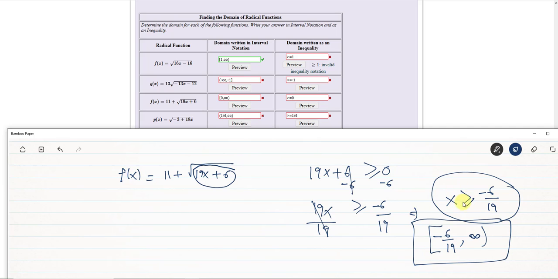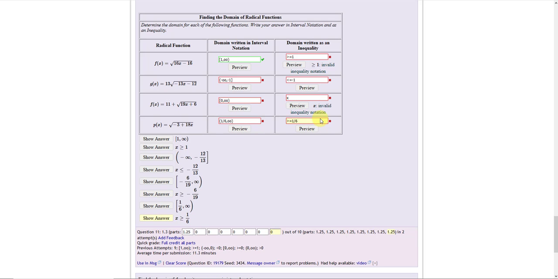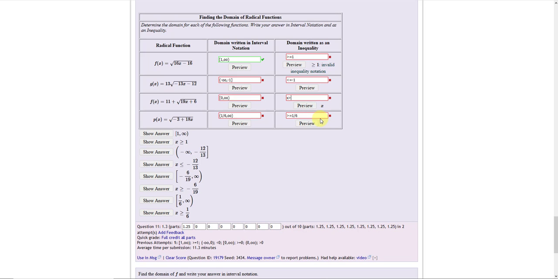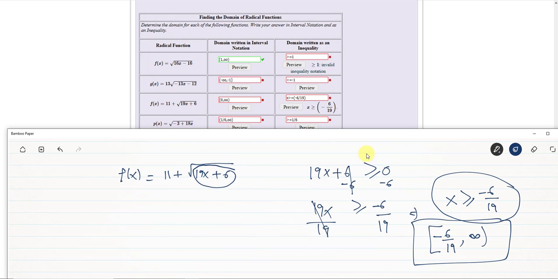Type x, then bigger than or equal to negative 6 over 19, and that should give you the answer similar to this one right here. So don't forget the x here.